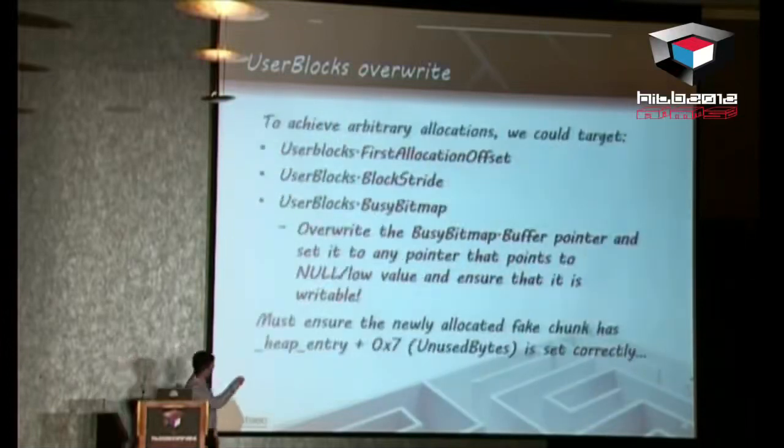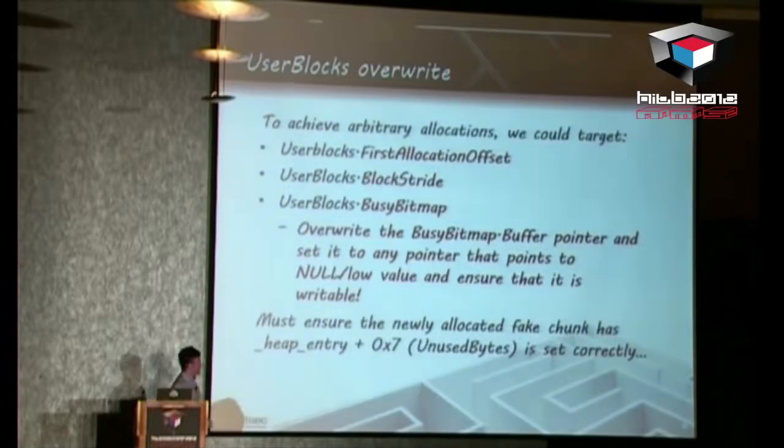This is essentially what we want to target. The first allocation offset, because we know that that's where the next chunk is going to be allocated from. It's going to be used to calculate where the next chunk is going to be allocated from. The block stride and bitmap, we need to set those to appropriate values, or at least control those values somehow, and set them to whatever to make sure that we get that arbitrary allocation. But I noticed when I was doing the testing that the pointer for this busy bitmap has to be writable, obviously, because the bitmap needs to be updated.